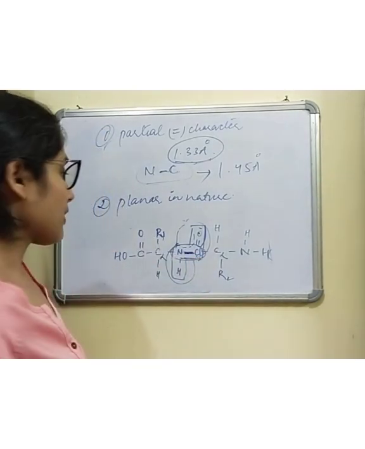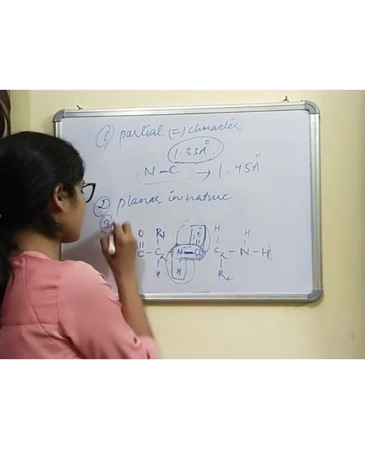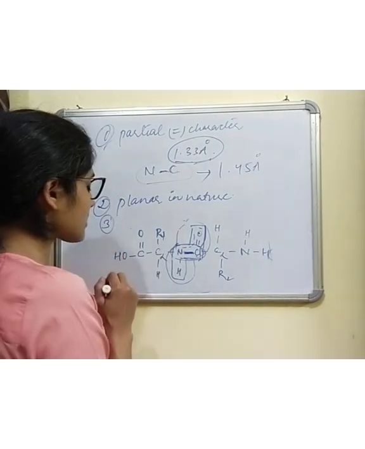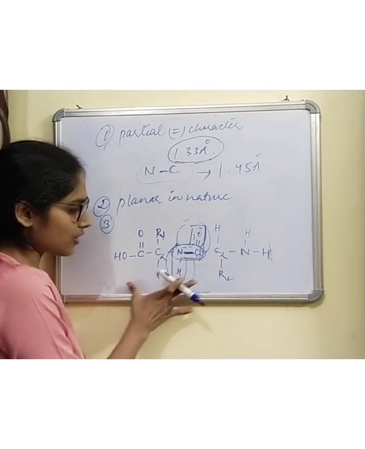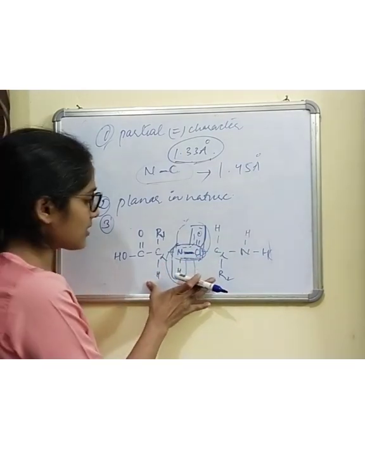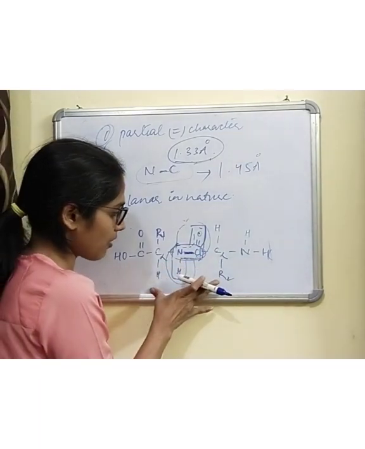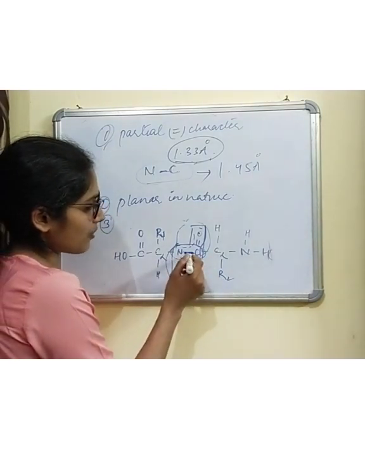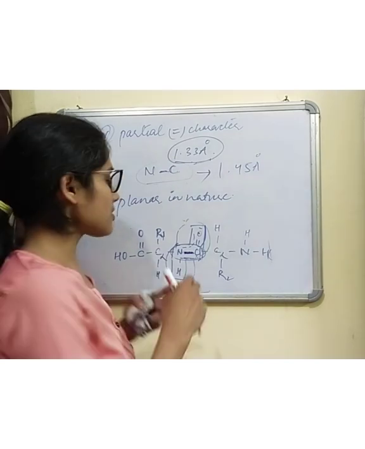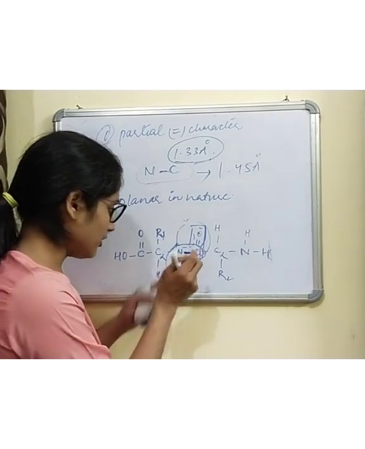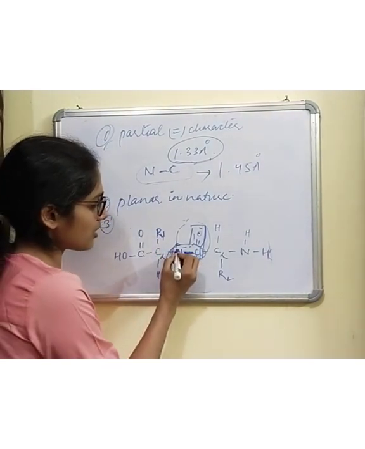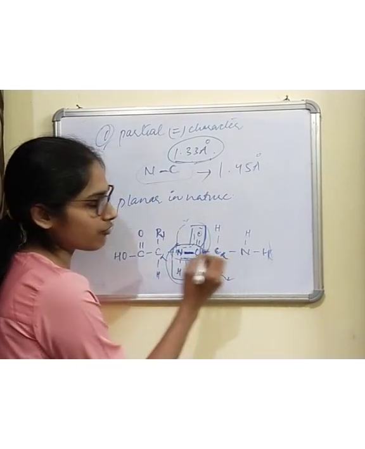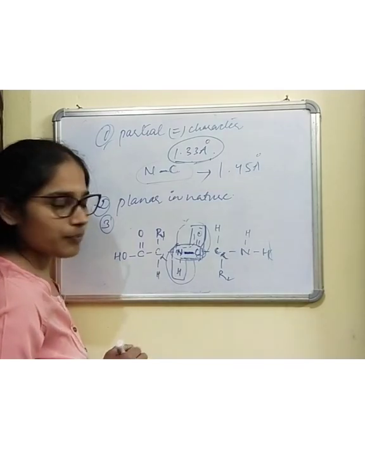Now the third property is that when the two neighboring amino acids form the peptide bond, because of this double bond character, rotation here is not allowed. However, rotation is allowed between the N-C alpha and C alpha-C bonds.